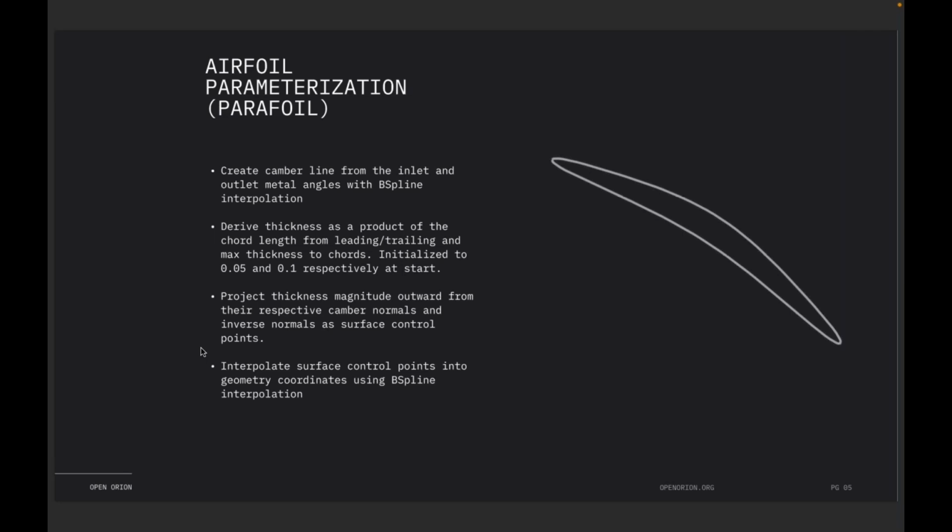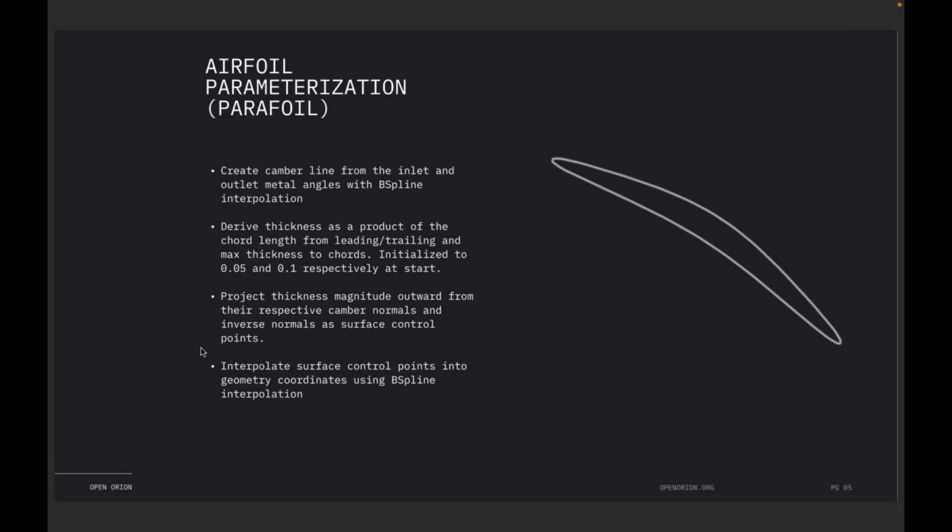So what I did is I started off with a very common thickness to chord for the max thickness to chord, which is 0.1 at the center. And for the leading and the trailing edge radii, I started out with 0.05. I started that off as the thickness distribution by multiplying those thickness to chords by the initial chord length.